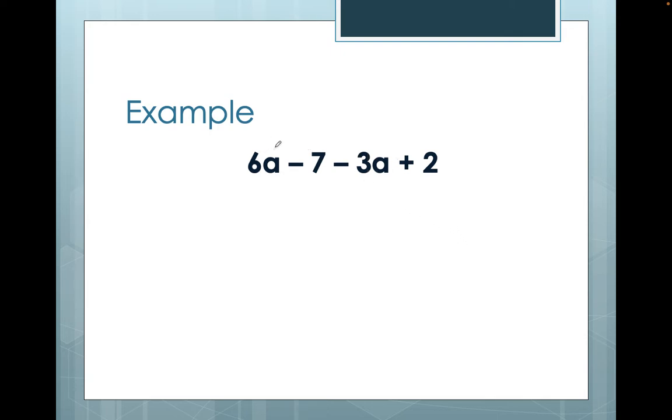In the second example, we have like terms 6a and a minus 3a. We have also, as another pair of like terms, a minus 7 and a plus 2. If I rewrite the expression with the like terms next to each other, this would look like 6a minus 3a and then minus 7 plus 2.